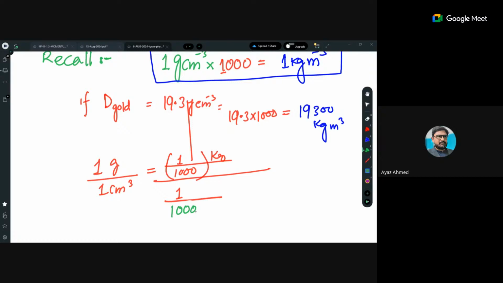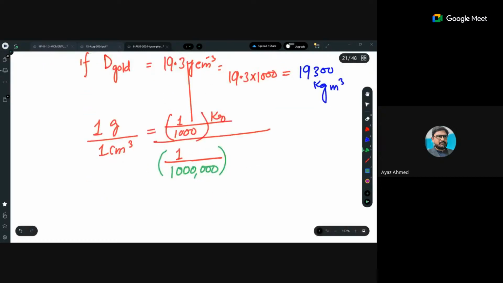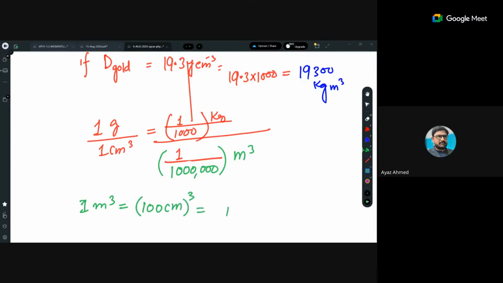How is this 1 million? Because 1 meter is equal to 100 centimeters. If you cube it, it becomes 100 times 100 times 100, so it is actually 1 million.